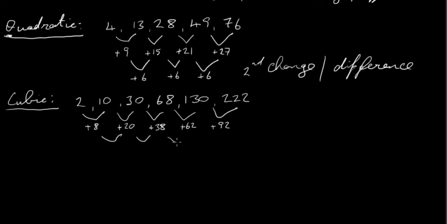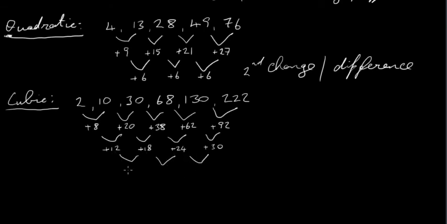We look at the differences between these numbers. The difference between plus 8 and plus 20, we add 12, and we add 18 here. Then we add 24 here, and here we're adding 30. So our second change is not the same, so we're going to do it once more, hopefully.